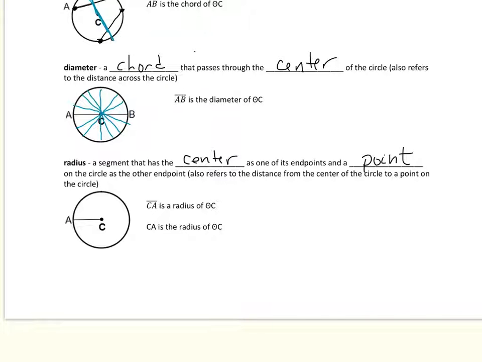In this case, it is from C to A, so the radius is CA. This is different from the diameter because remember, the diameter would go all the way across. We should also know that the diameter is twice as long as the radius. Kind of an elementary topic, but hopefully something we definitely remember.